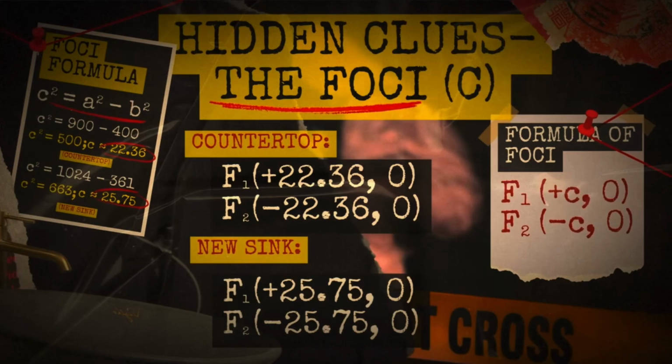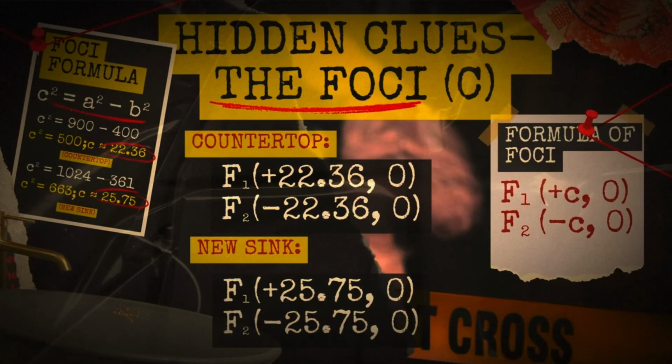We will get the approximate value of 22.36. That will be the value of our c that we will be substituting for our foci. So for our exhibit A, we have 22.36 as our c. We will be substituting that value into the x position of the ordered pair.